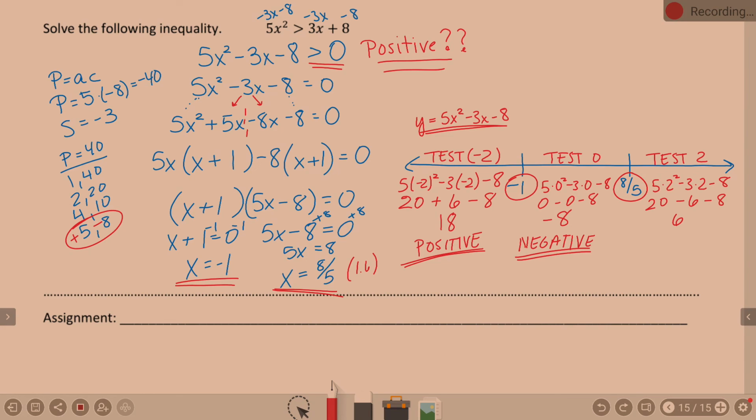Six. What matters is that I know that 6 makes for a positive interval.